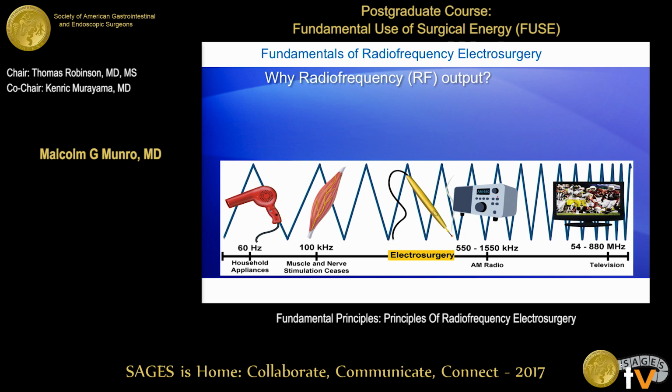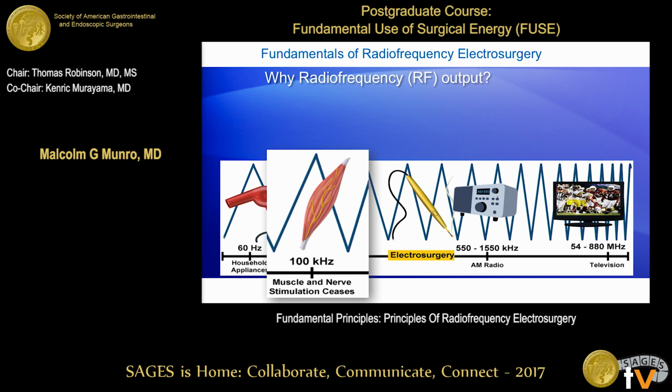Now, why do we use radio frequency output? Well, it's in this range from about 100 kilohertz to about 3.5 megahertz. And in fact, most of our machines are around 400 or 500 kilohertz. And that's, if you have an AM radio, the far left of your dial, radio frequency. And so what happens?